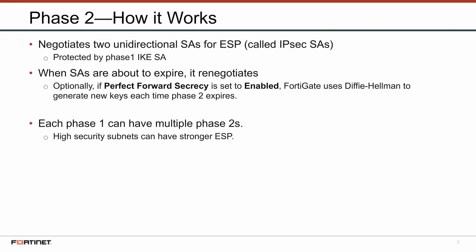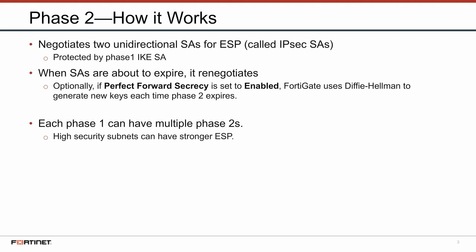After Phase 1 has established a somewhat secure channel and private keys, Phase 2 begins. Phase 2 negotiates security parameters for 2 IPsec SAs, not to be confused with the IKE SA. They are the Phase 2 SAs, not the Phase 1 SA, that ESP uses to transmit data between LANs.